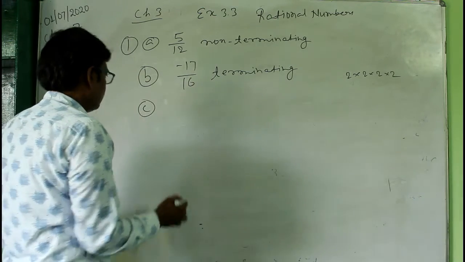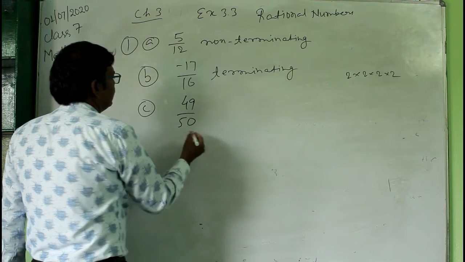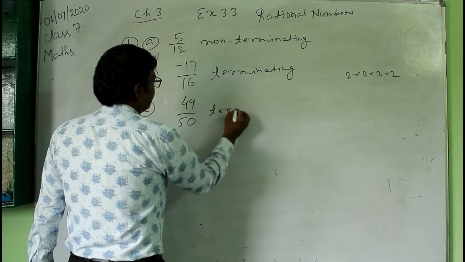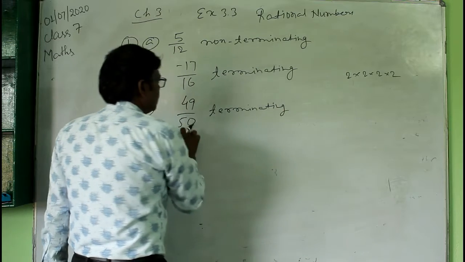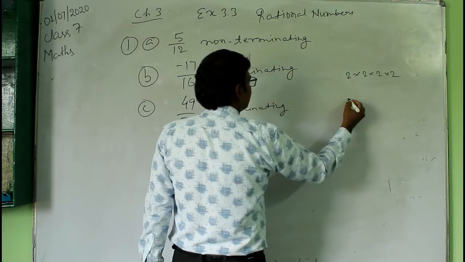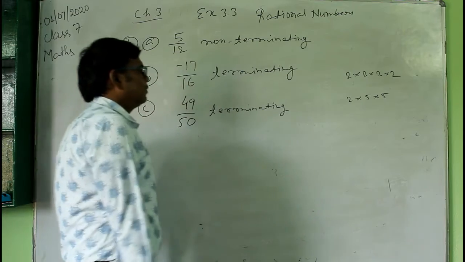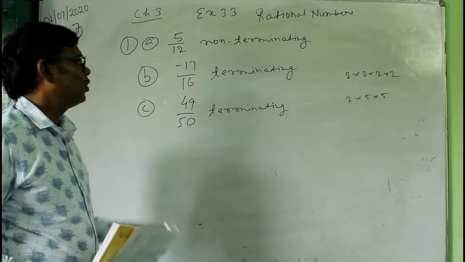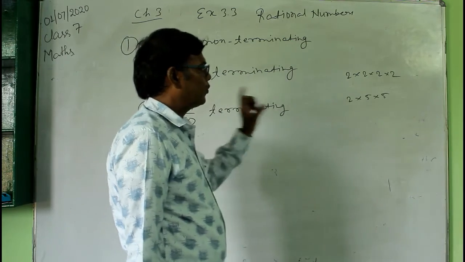And see 49/50, and again this will be terminating, because if you factorize 50, then you will get 2 into 5 into 5. See, it has only the numbers 2 or 5 or both. Okay, 2 होना चाहिए, या 5 होना चाहिए, दोनों होना चाहिए.